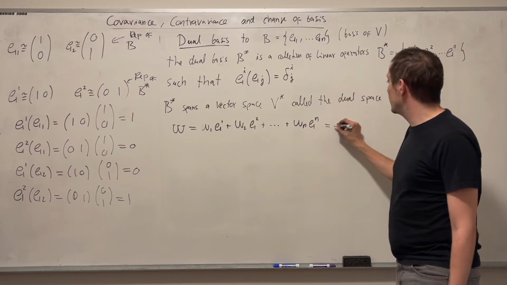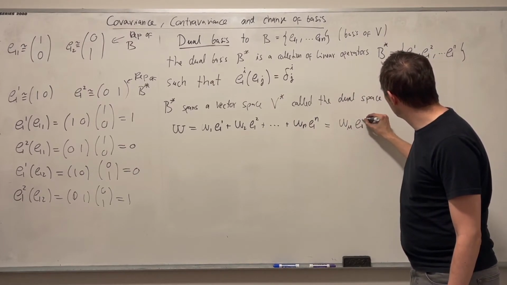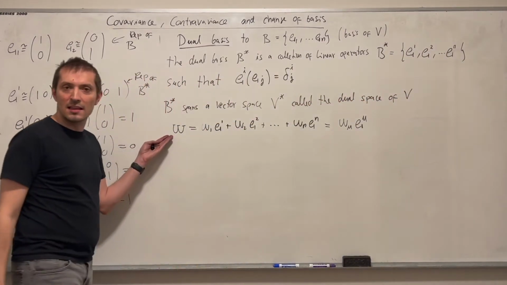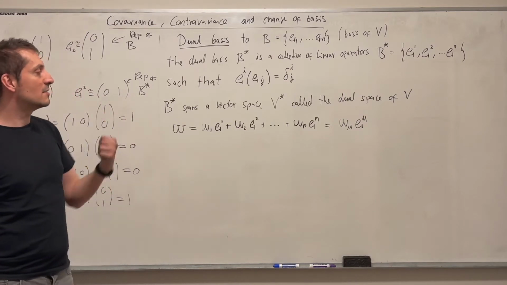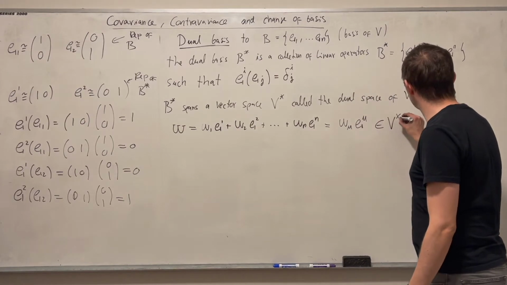But I can just write in Einstein notation as omega mu E mu. So this object, omega, is an element of the dual space to V. So it's an element of V star.